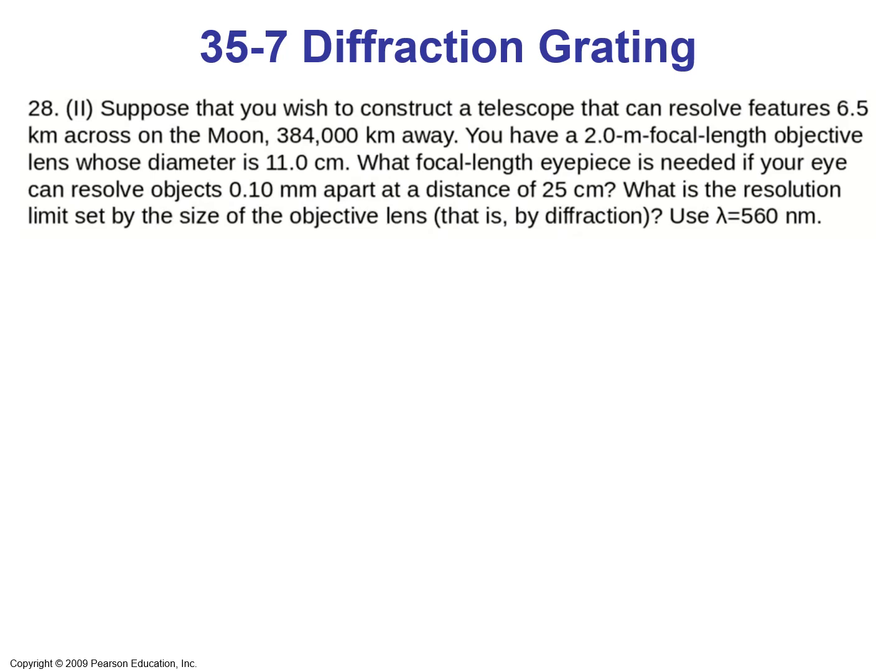To find the focal length of the eyepiece, we use equation 33-7, which says the ratio of the focal length of the objective to the focal length of the eyepiece is equal to theta prime over theta, where theta prime is the ratio of the minimum resolved distance and 25 centimeter. Let's write it down. Minimum resolved distance at 25 centimeter.